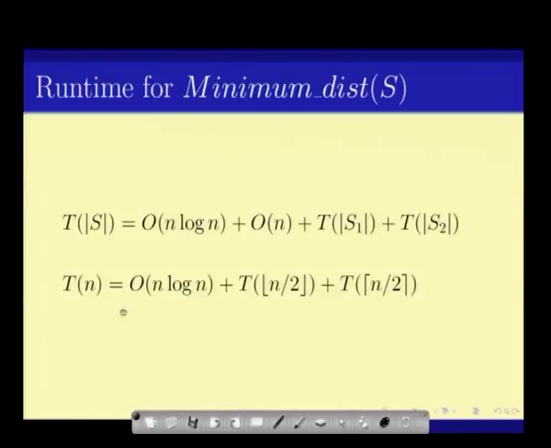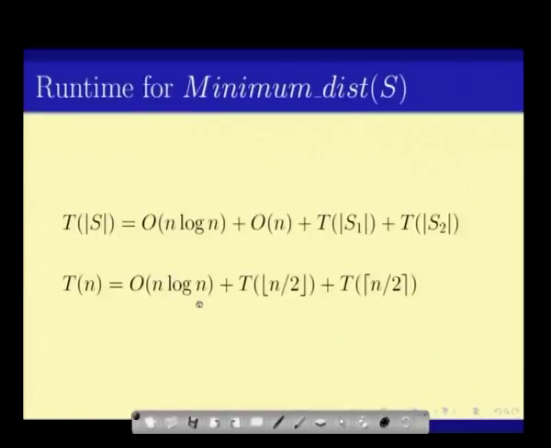So T of n is order n log n plus T of n over 2 plus T of n over 2. Note that we can always combine order n with order n log n, because n log n is greater than n. If you recollect, in the asymptotic notations, we do not care about the constants, so we can just combine two functions which differ by a constant amount.